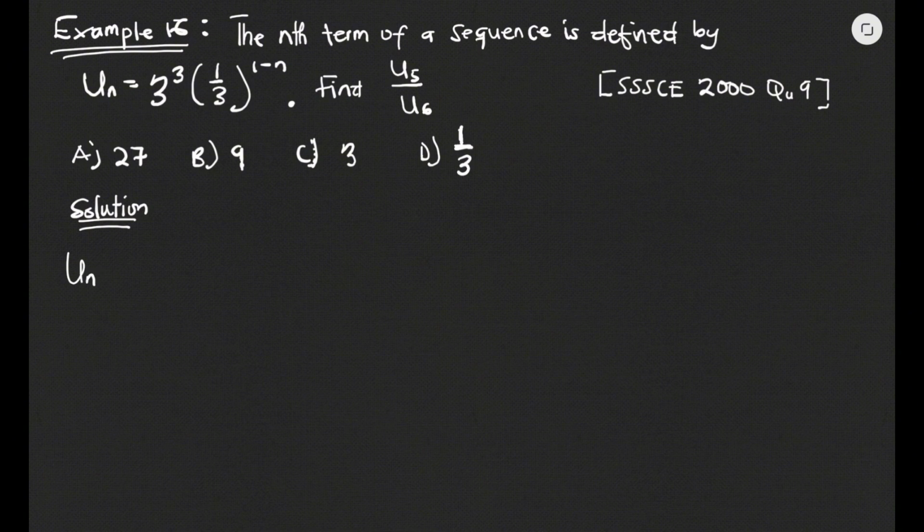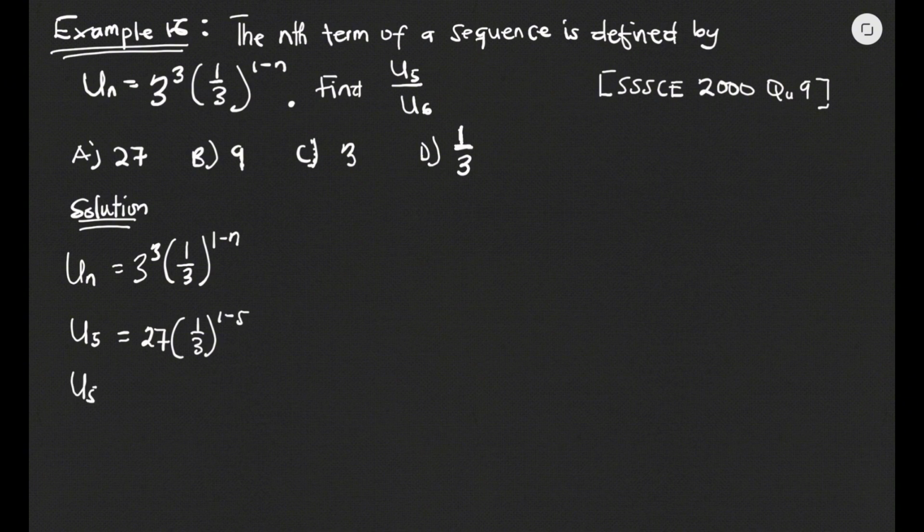So the question has given us un to be equal to 3 raised to the power 3 multiplied by 1 on 3 raised to the power 1 minus n. Now to find u5 means the value of n is 5. So I have 3 raised to the power 3, that will give me 27, multiplied by 1 on 3 to the power 1 minus 5.